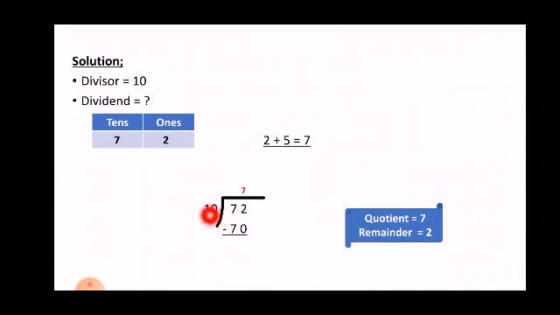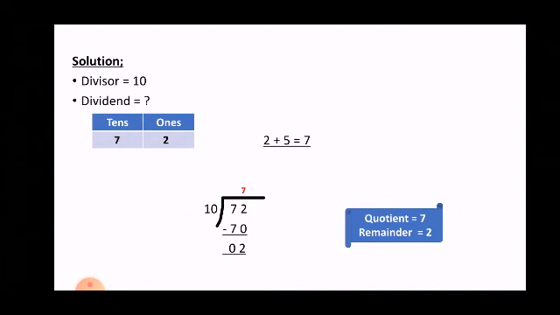Now subtracting, 7 minus 7 equals 0 and 2 minus 0 equals 2. So here you can see we have the quotient 7 and the remainder 2.